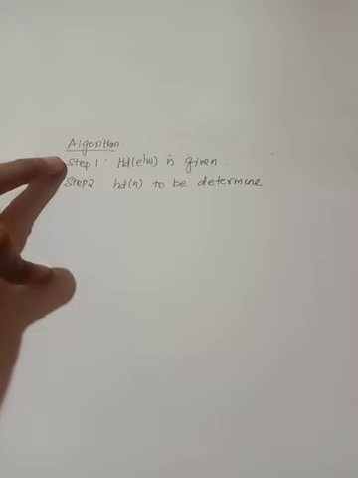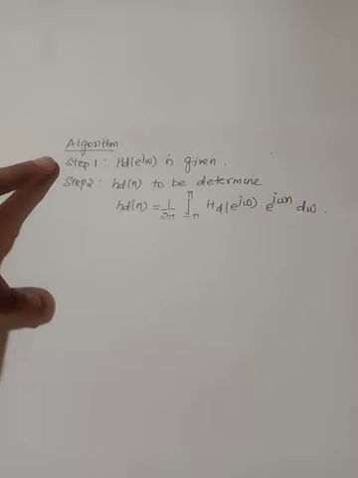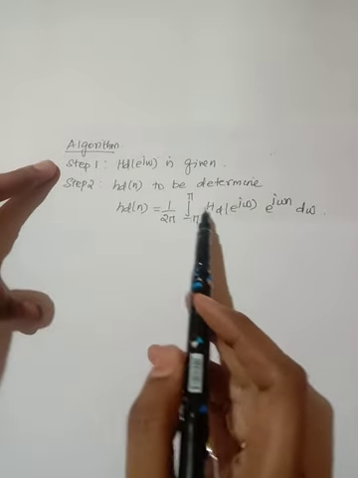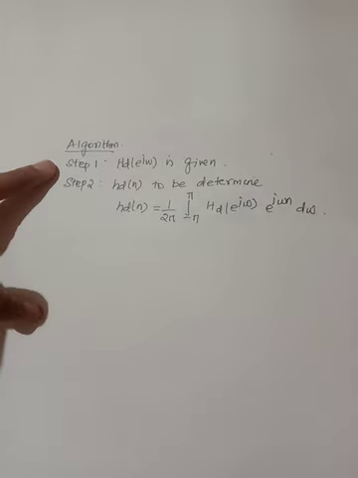In step 2, we first need to obtain hd of n. The formula to obtain hd of n is hd of n equals 1 by 2 pi integral from minus pi to pi of Hd of e power j omega times e power j omega n d omega.